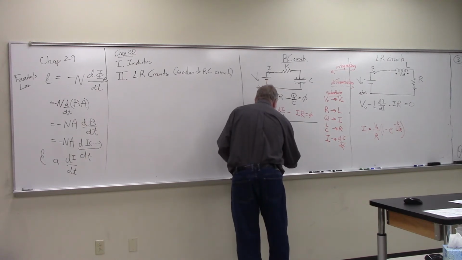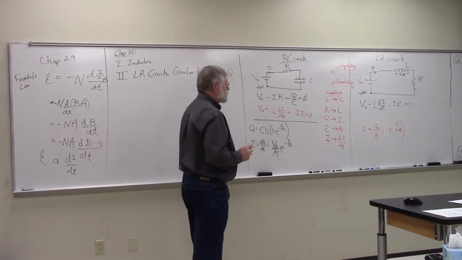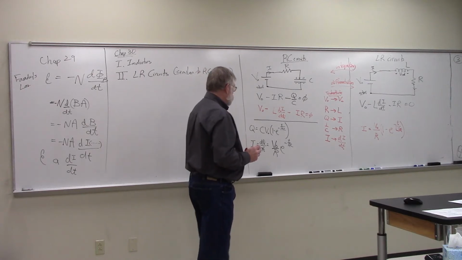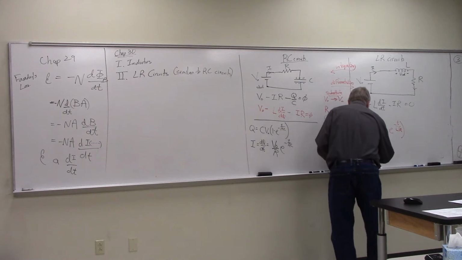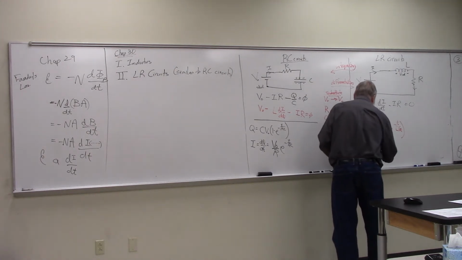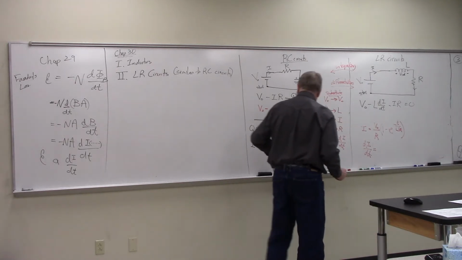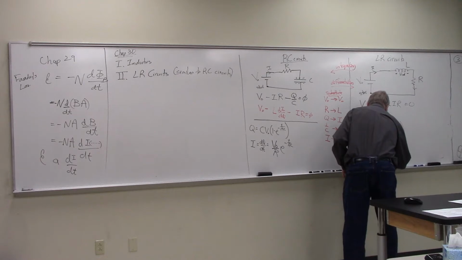You can go back to the previous chapters and look this up. Turns out to be that. Well, what's that mean over here? It means that dI/dt. Now you can differentiate this if you want to. But you can also do trained monkey physics. dI/dt turns into V0 times C.